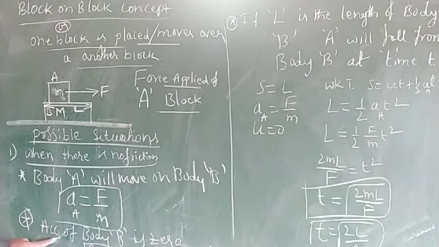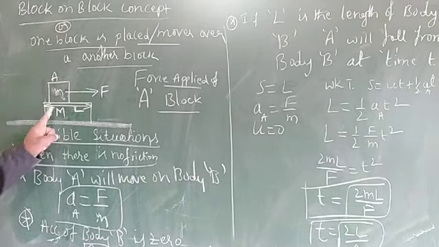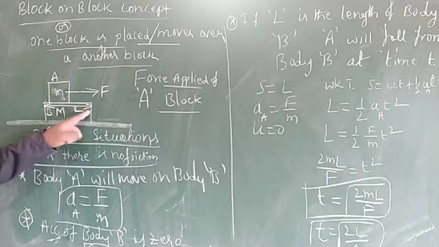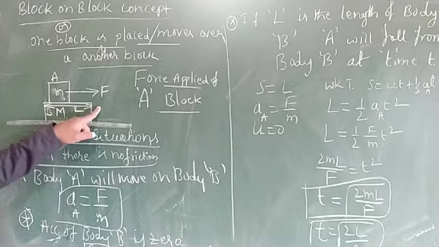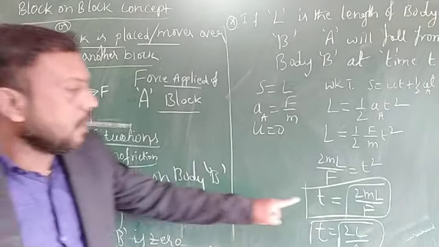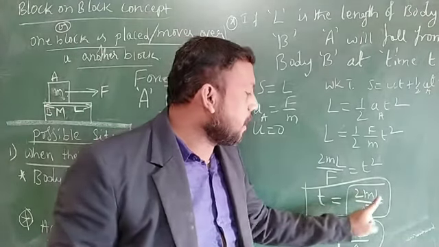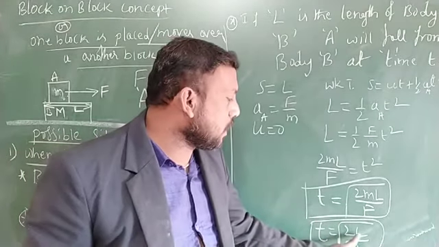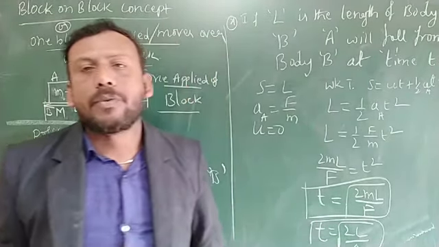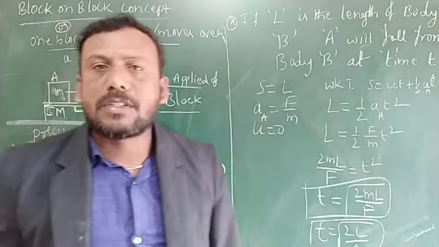But body B is at rest, therefore acceleration of the body B is equal to 0. If L is the length of the body B, body A will fall from body B at the time t equal to square root of 2mL divided by F, or t equal to square root of 2L divided by a. Okay, this is the first situation.